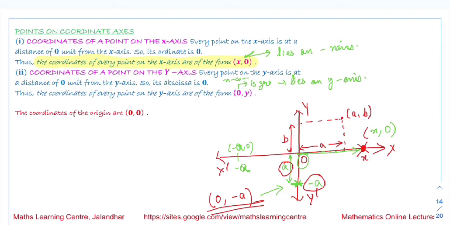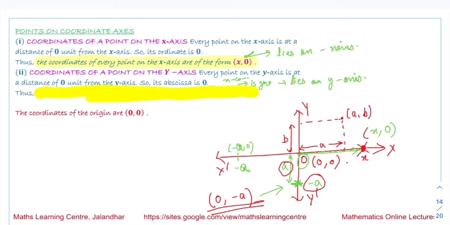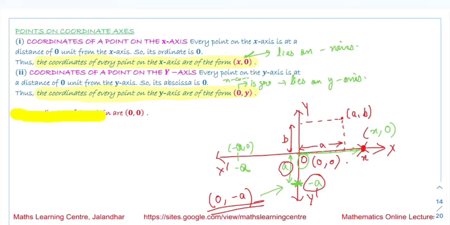The coordinates of this point are 0 comma -a. And if we are talking about the origin, it lies on both the x-axis and the y-axis, so the answer is 0, 0. This is mentioned over here: the coordinates of every point on the y-axis are of the form 0 comma y, and the coordinates of the origin are 0 comma 0.